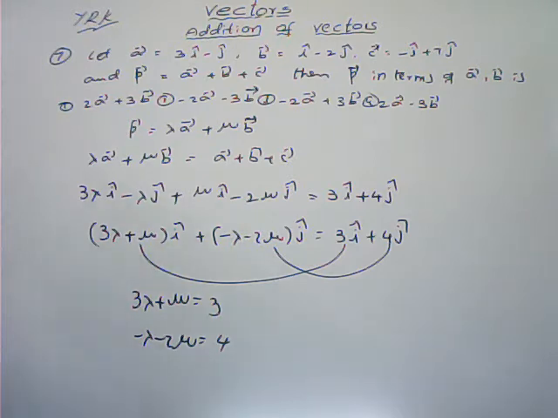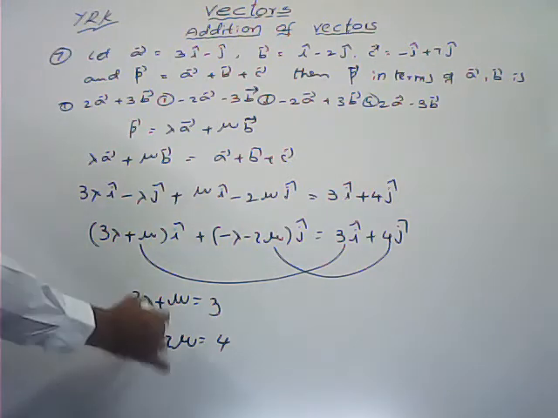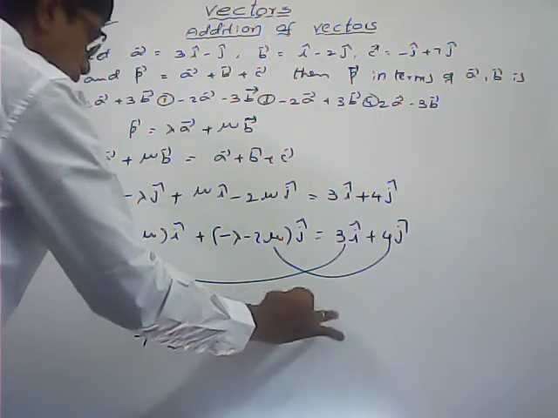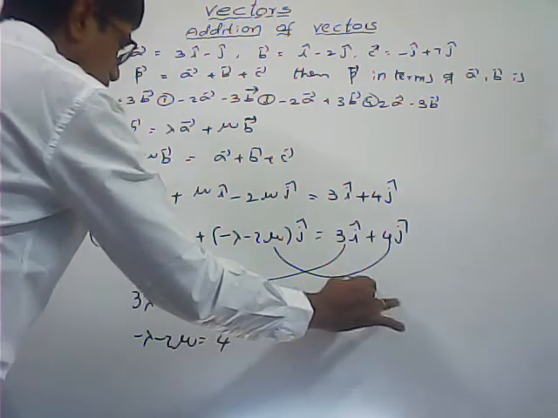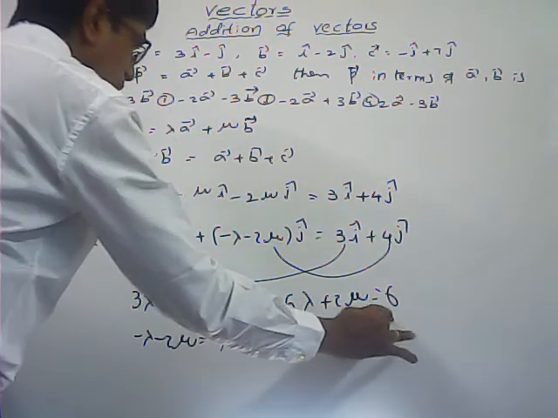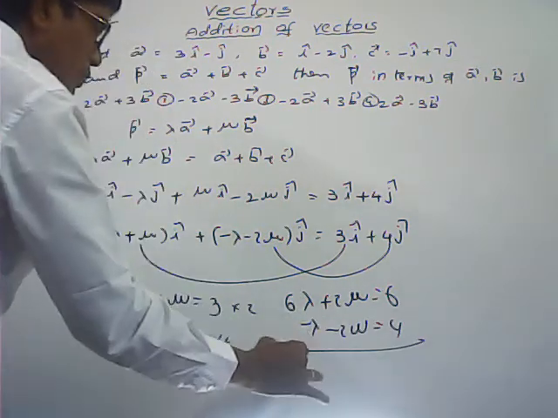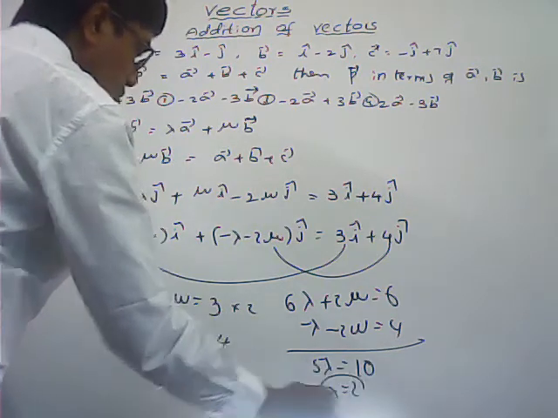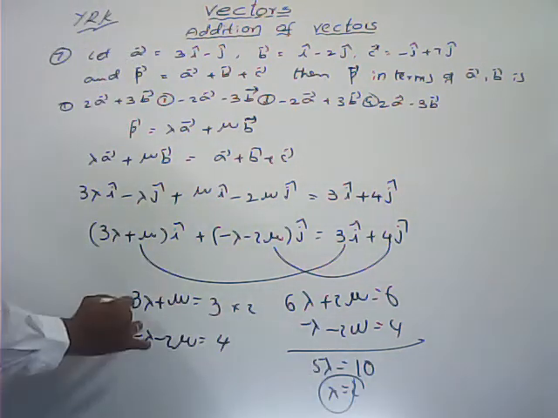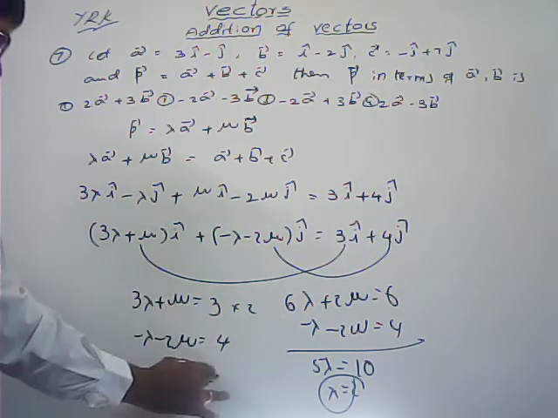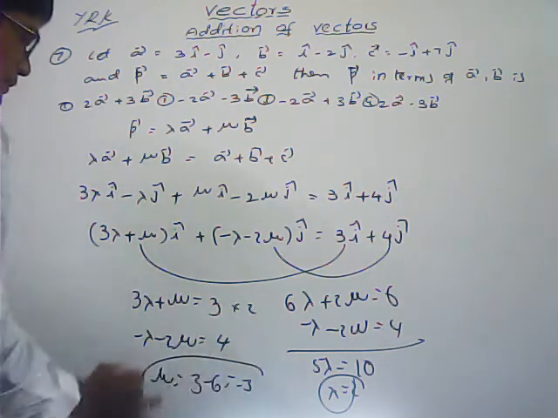So here by solving these two we can get the lambda and mu values. If the first is multiplied by 2, 6 lambda plus 2 mu is equal to 6, and minus lambda minus 2 mu is equal to 4. By adding these two, 5 lambda is equal to 10, lambda is equal to 2. If lambda is equal to 2, mu is equal to 3 minus 6, that is minus 3.